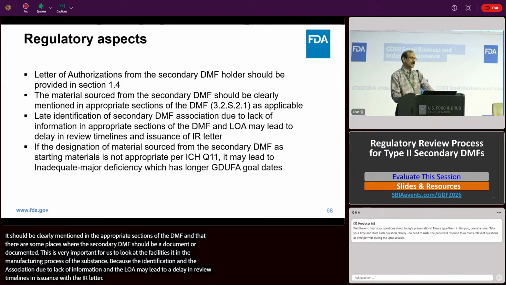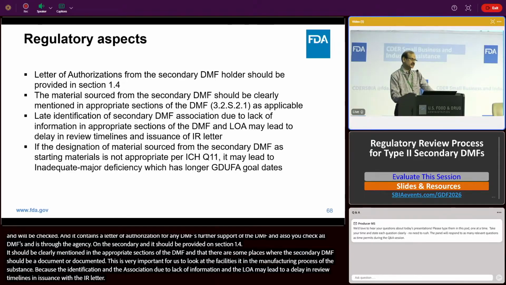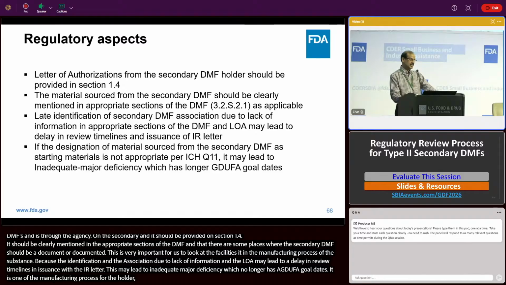So when a primary DMF holder references a secondary DMF, the secondary DMF may be nothing but an API, but what is the manufacturing process for the secondary DMF holder? If that is not appropriate in the secondary DMF, we may need to push them to further redesignate the starting material. That leads to delay in the approvals.